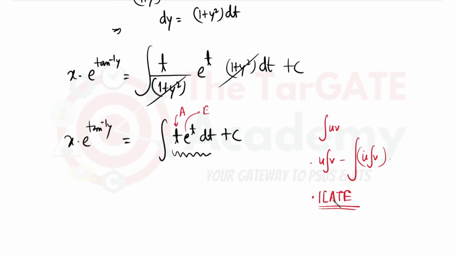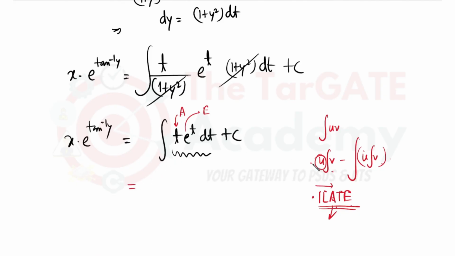So this is the chronology, so whichever will come first उसको u बनाएंगे और जो बाद में आएगा उसको v बनाएंगे. So exponential comes later, so exponential will become v and u will be algebraic.